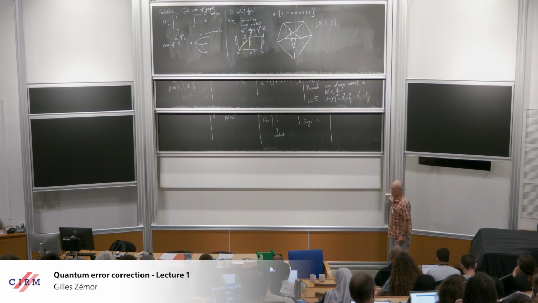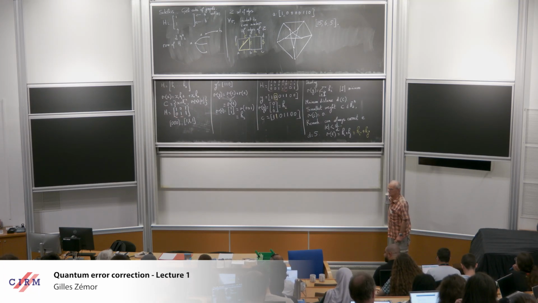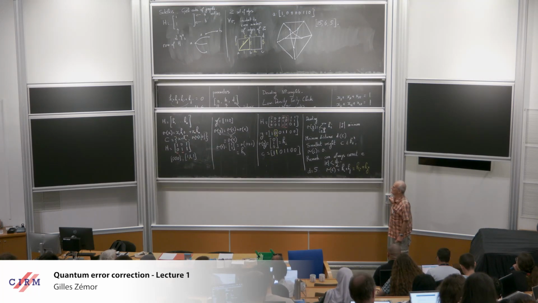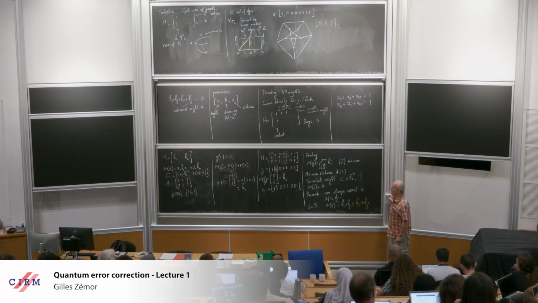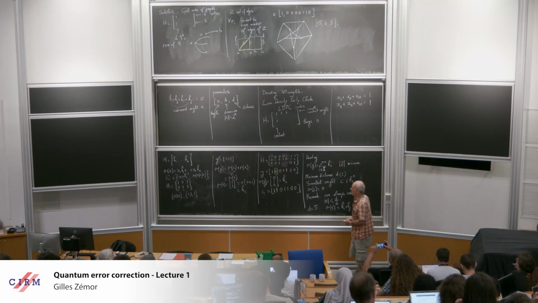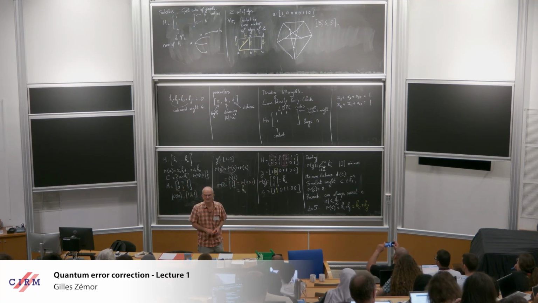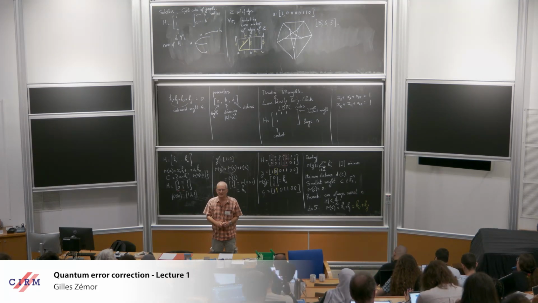Yes? How will this graph interpretation translate over other fields like F3? So how are these codes called when we're not over the binary field, but when we're over F3, for example, other field sizes?